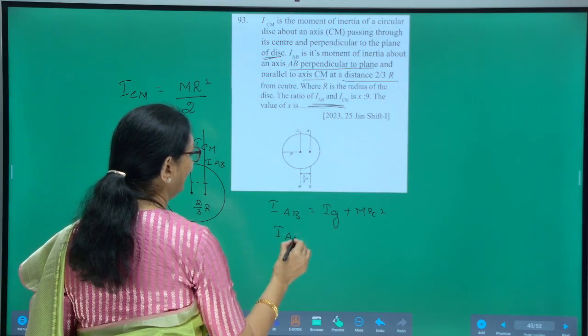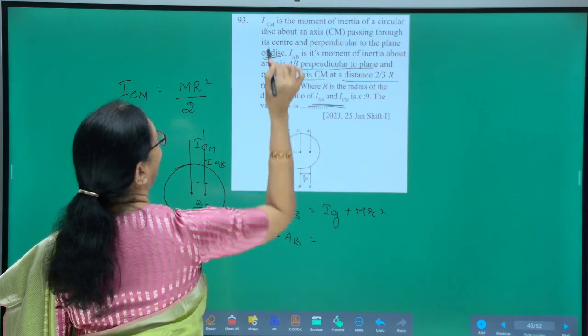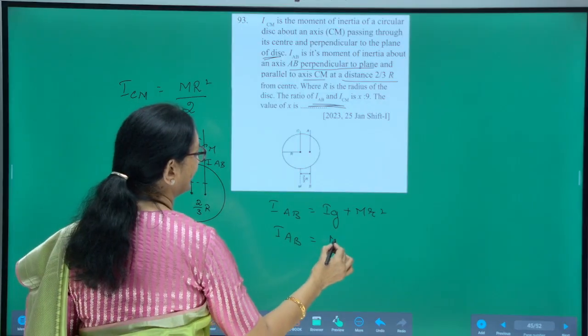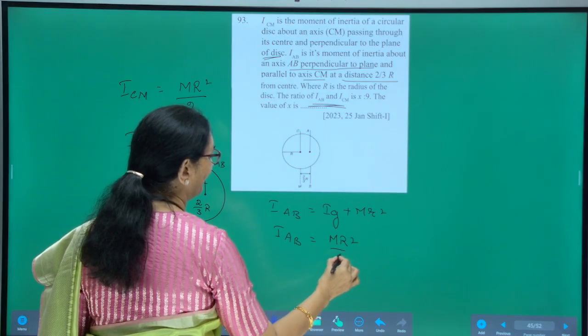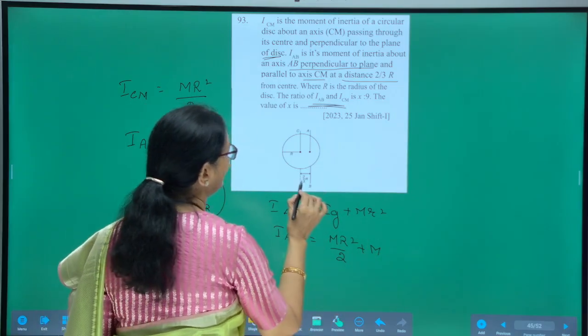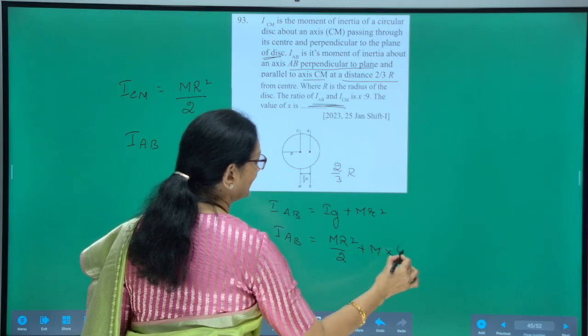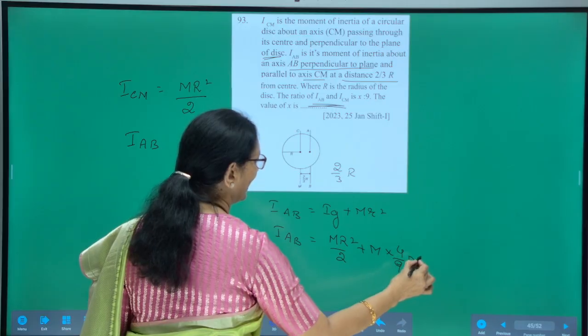So, IAB is equal to IG, this is a disk about a central axis perpendicular to the plane, mr square by 2, plus m times the perpendicular distance between them, 2/3 r whole square, that is 4/9 r square.